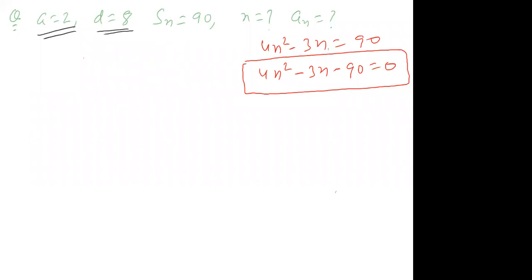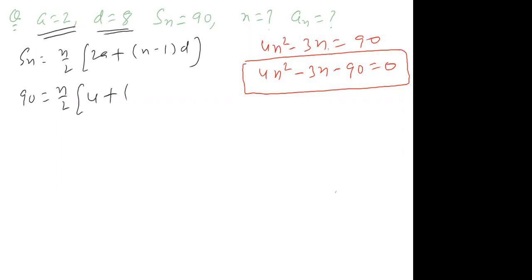No problem. So Sn is equal to n upon 2 into (2a plus (n minus 1) times d). Sn is 90, equal to n upon 2 into (4 plus (n minus 1) times 8).